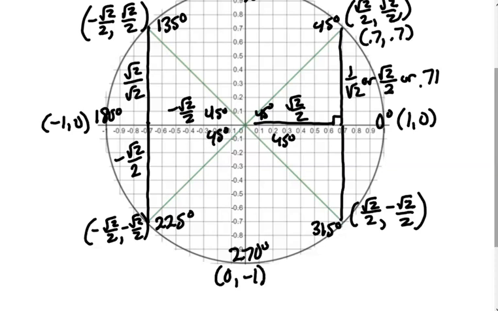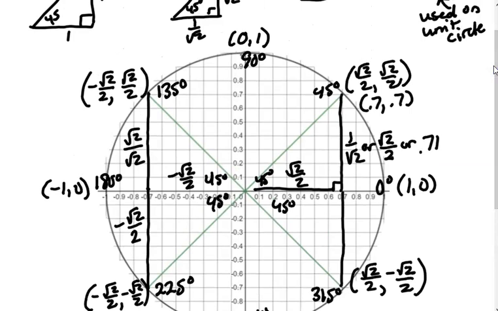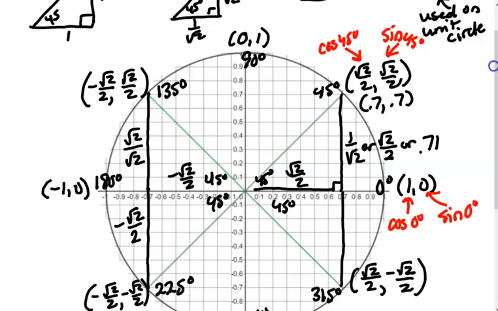Now recall that I can use the x value to tell me cosine, and the y value to tell me sine. So this would be cosine of 45. This would be sine of 45. They happen to be the same. If I go to 0 degrees, this would be cosine of 0 degrees. This would be sine of 0 degrees.